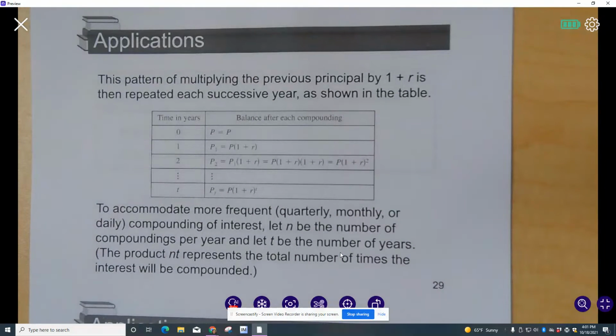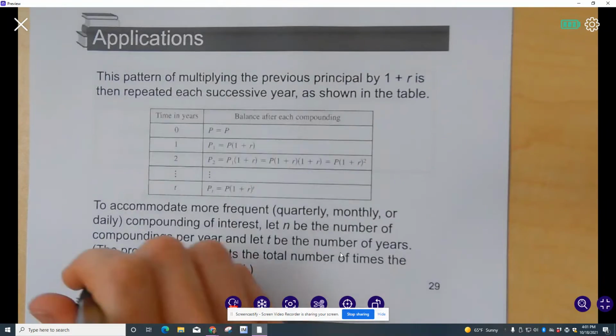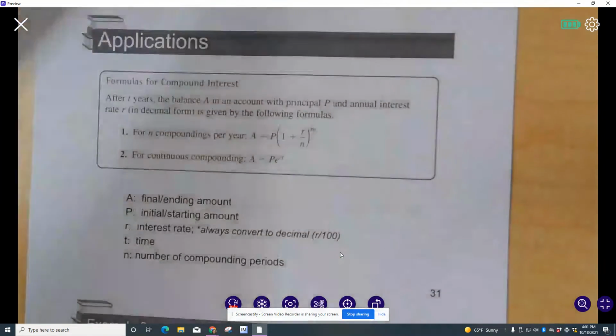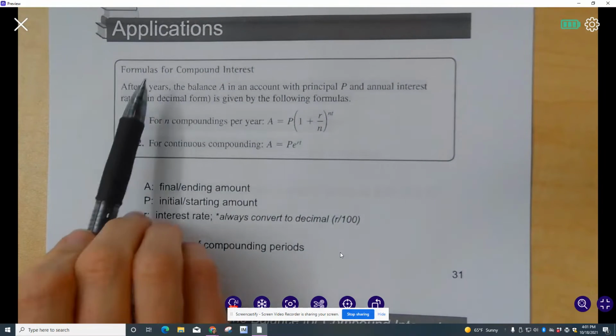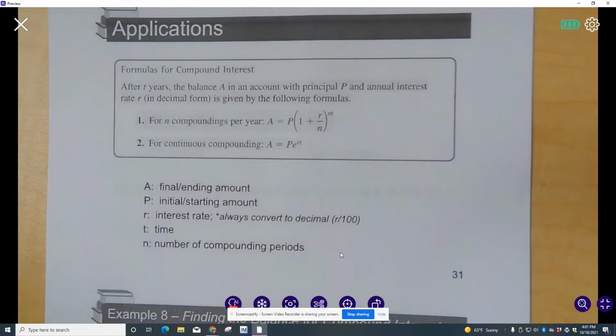The book goes through a lot of examples where they're actually deriving our formulas, but I'm going to go right to this. This is also in your book, but this should go in your notes. These are formulas for calculating interest. There are two formulas depending on the type of problem that you have.